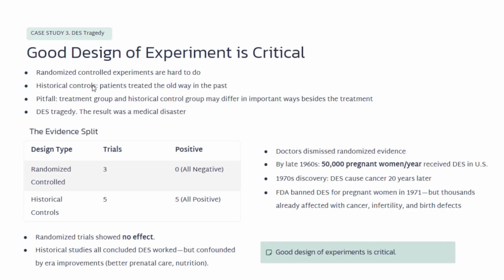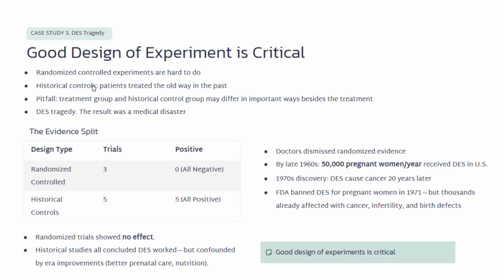The result was a medical disaster. And doctors basically missed and ignored the randomized evidence. Randomized trials showed no effect of DES, and some of them even indicated the risk of a cancer side effect.